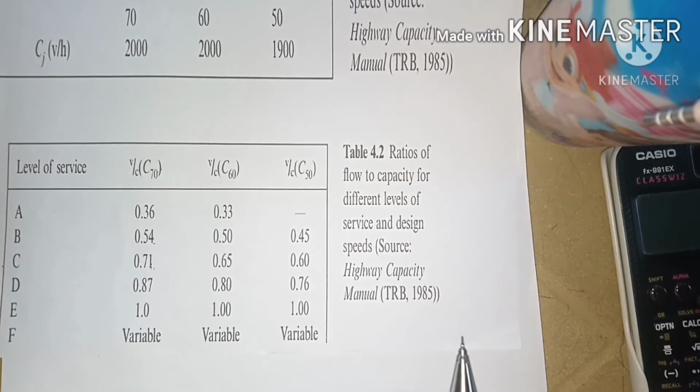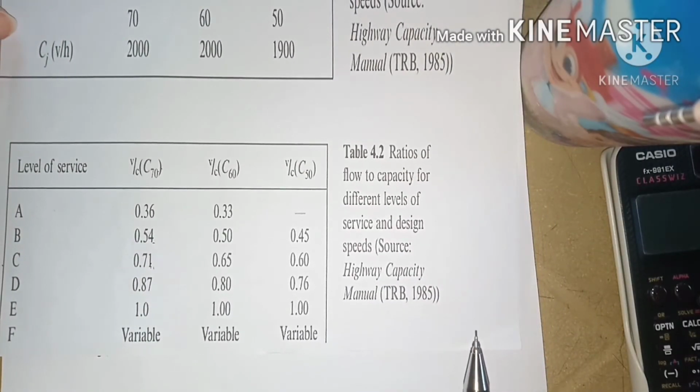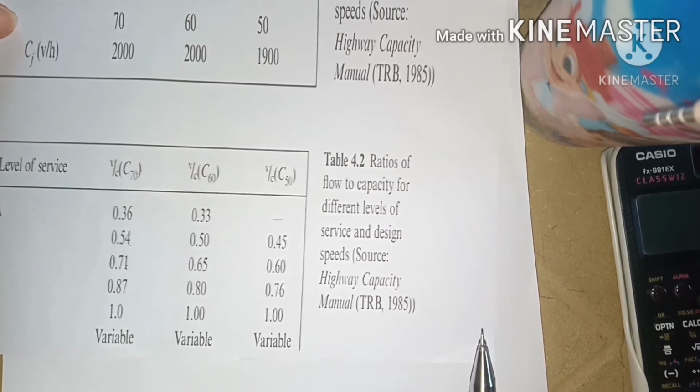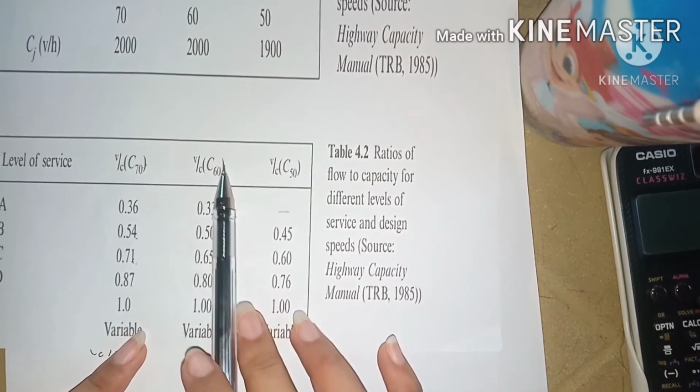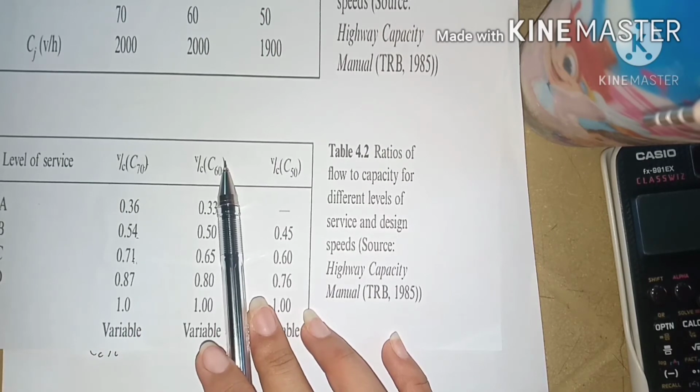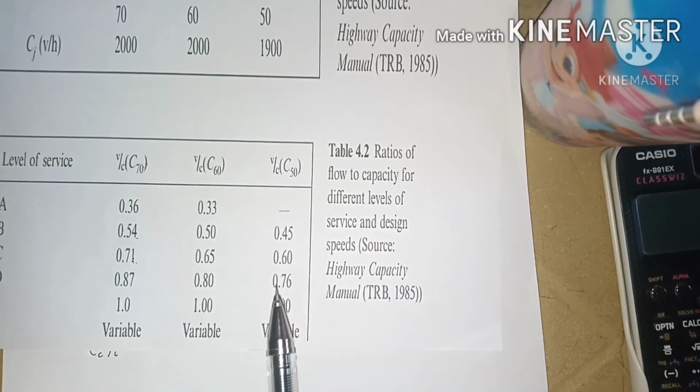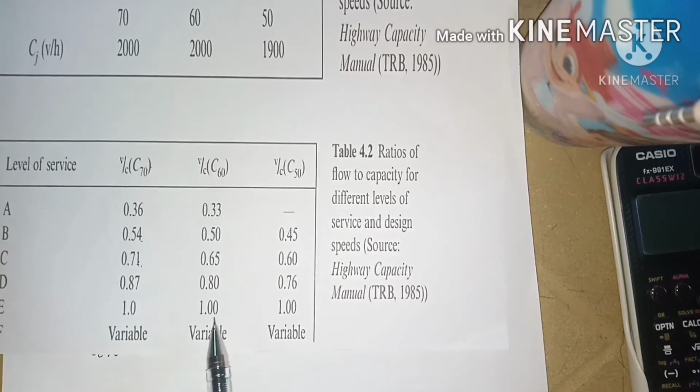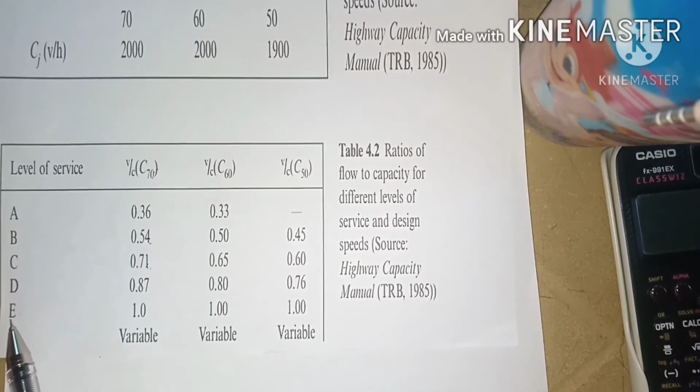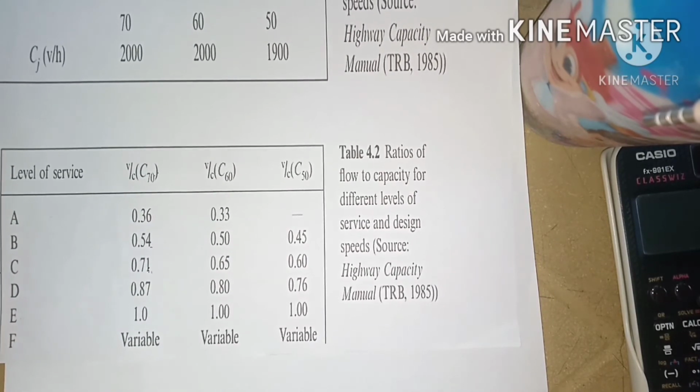Kita naman natin yung V/C at C60. Ang nakuha natin is 0.92, less than 1.00 but mas malaki pa sa 0.80. So, dito tayo sa E. Level of service is E.